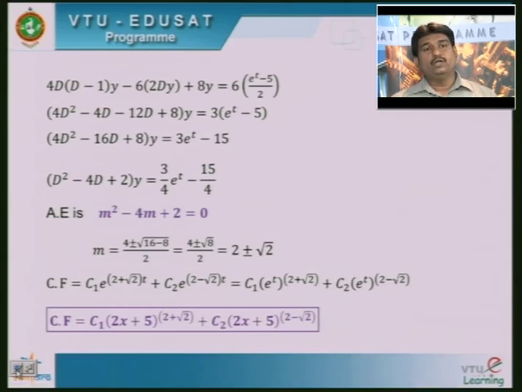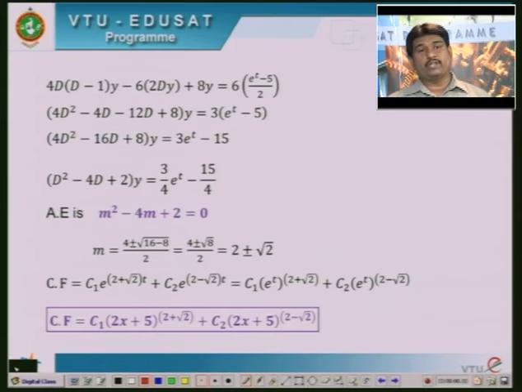We get 4D(D − 1)y, which is the second order derivative, minus 6 times 2Dy, which is the first order derivative, plus 8y equals 6x. x is (e^t − 5)/2. Multiply out: 4D² − 4D, minus 12D, plus 8, taking y outside, equals 3(e^t − 5).